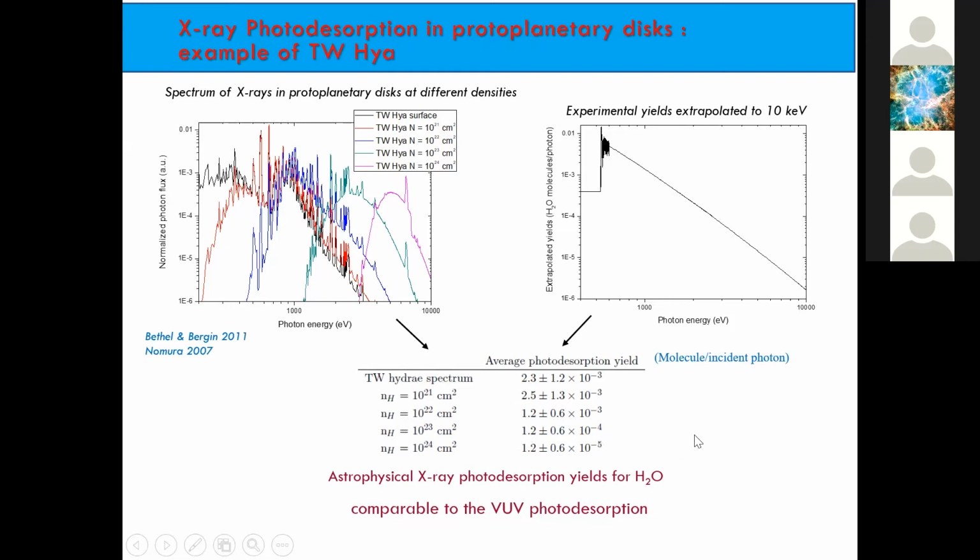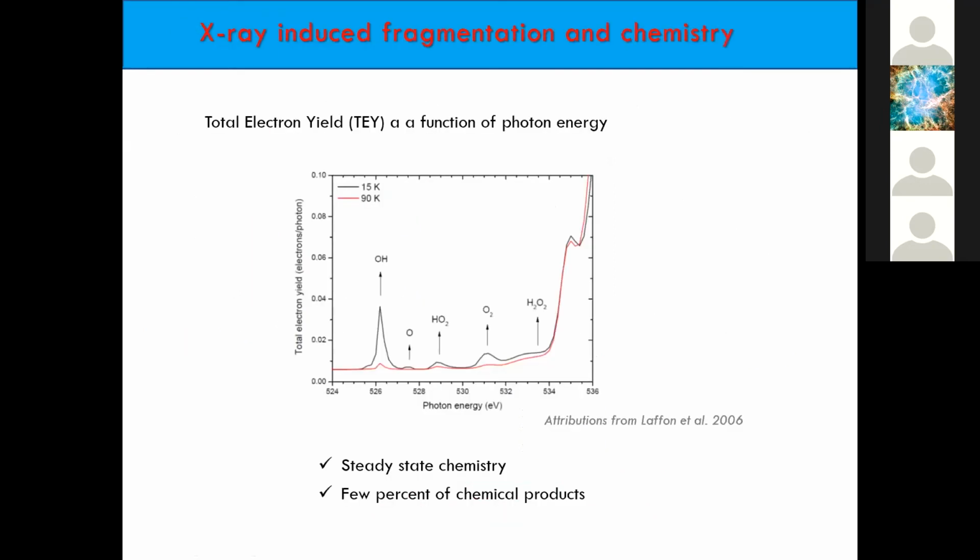Meaning that these are yields that are in fact significant if we compare to what is used in the UV range, for example. This is typically yields that have some sense. So that means that this X-ray photodesorption for water needs probably to be taken into account in models of protoplanetary environments.